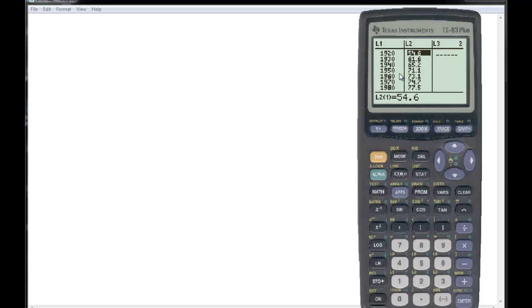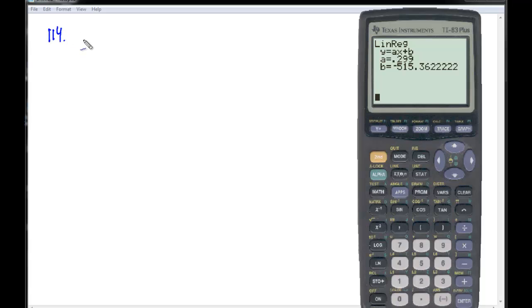Okay, now that this is all typed in, you can go Stat, Right, Four, Enter. Now again, with a newer calculator, you might have to scroll down to the word Calculate, but that is where you're going to get that data. Now let me freeze the screen and move over here. So what I have here is problem 114, and problem 114 is asking to find the equation of the function.